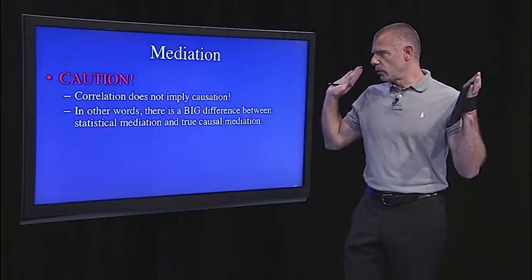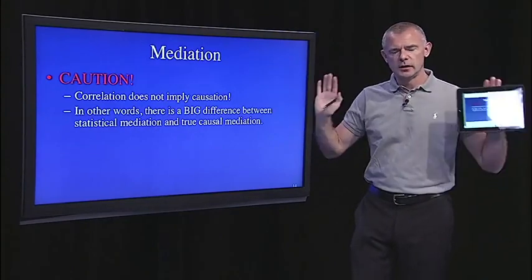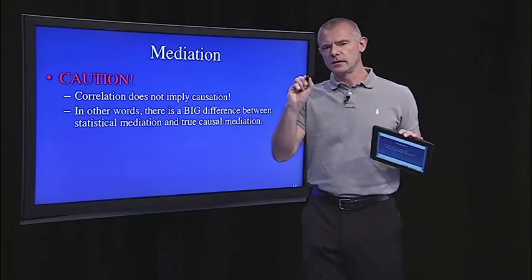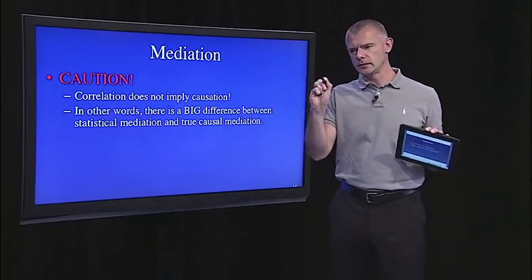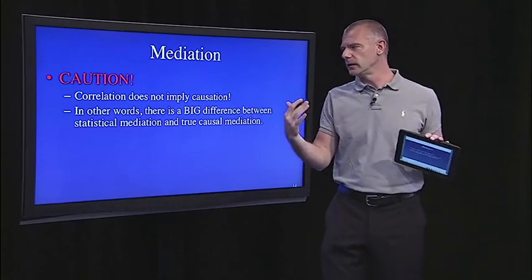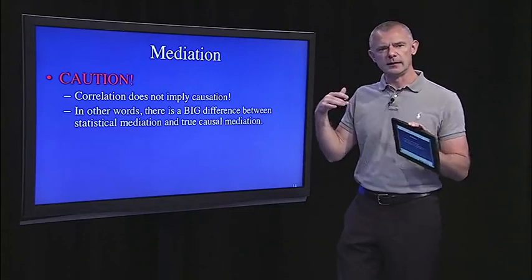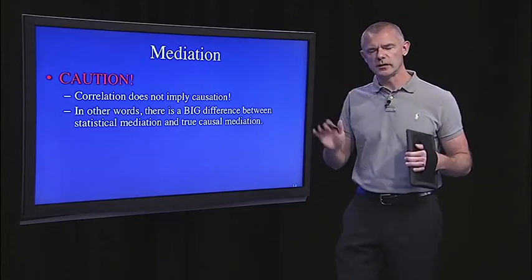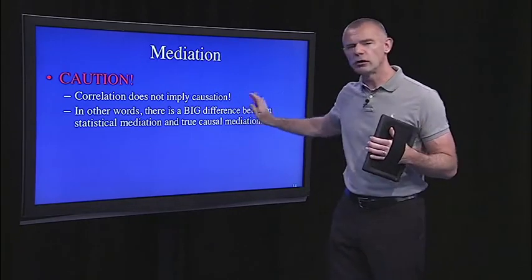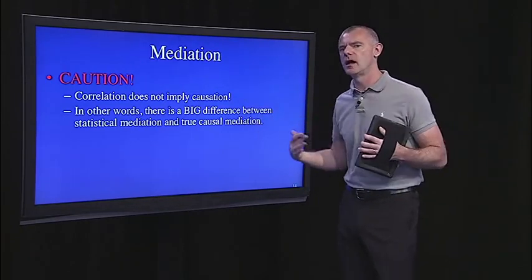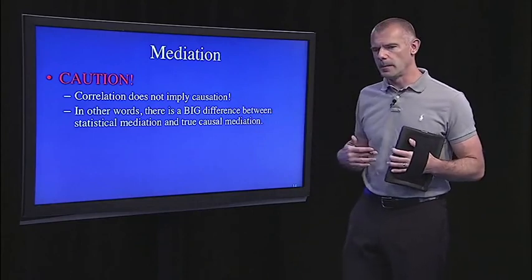And again, I just want to put in red letters here, caution. I'm going to start drawing these path models in the next segment with arrows that typically depict causality. But again, at least in this example, we're just dealing with correlational data. So the mantra still applies: correlation does not imply causation.